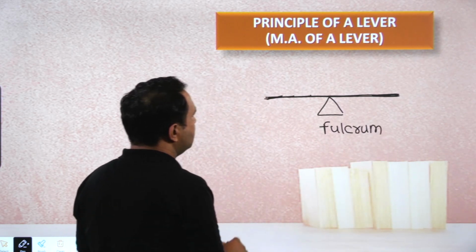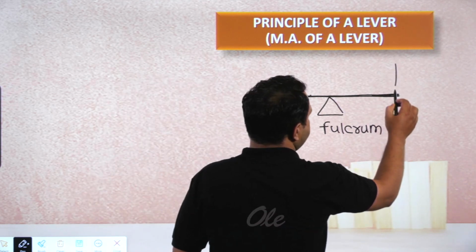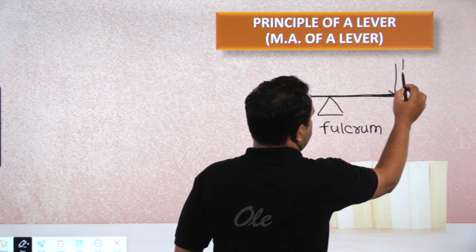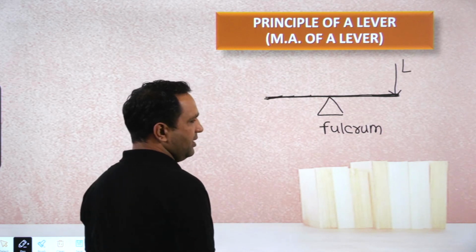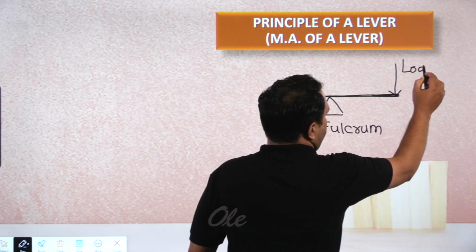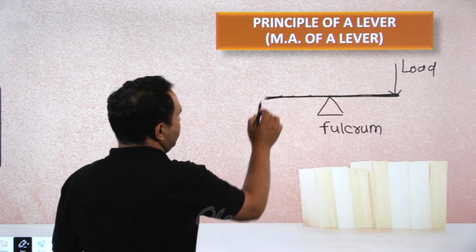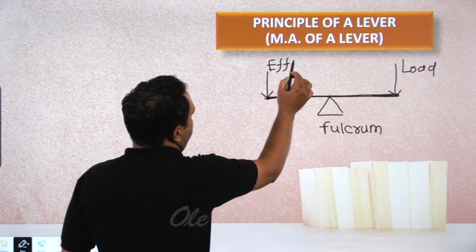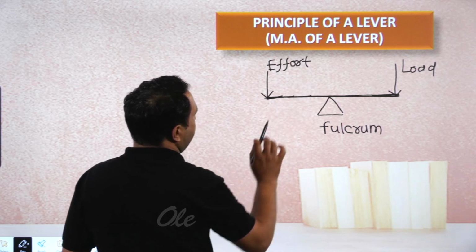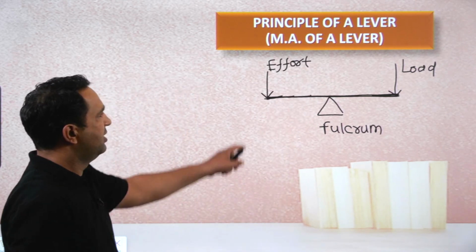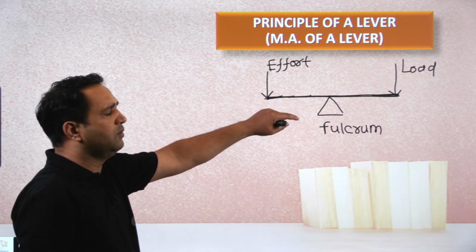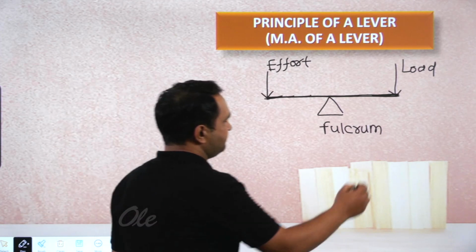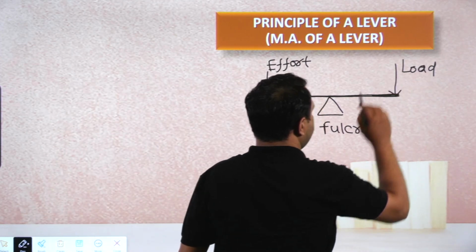At one side, there must be some load. At another point, there must be some effort to make this bar in equilibrium state. The effort should be equal to the load, right?